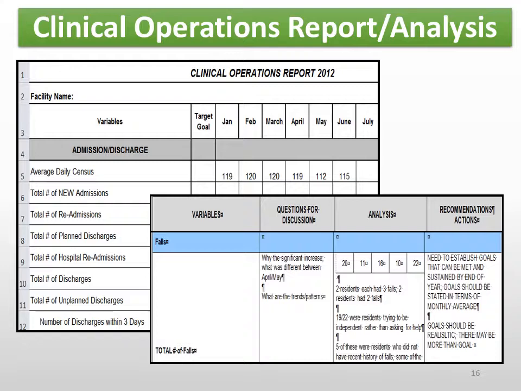You should also be able to look at other tasks such as MDS completion and transmission. You can monitor the number of residents that are receiving special services such as hospice or restorative nursing, or those that are on a pain management program. And last but certainly not least, you can begin to track customer service concerns. These will allow us then to drill down and know where to place our focus.